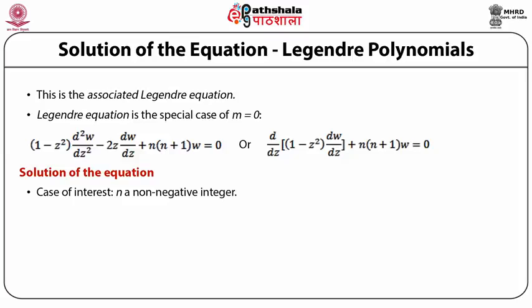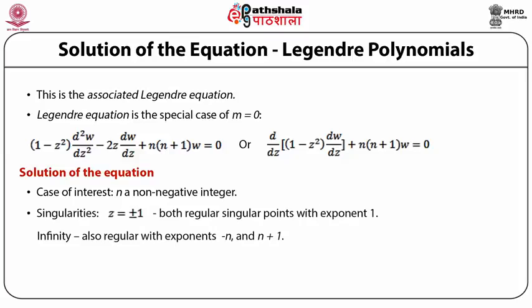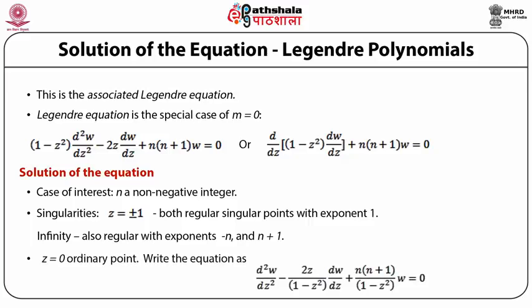We can easily verify that the singularity at z equal to plus minus 1 is regular with the exponent taking value 1, and the one at infinity is also regular with the exponent taking values minus n and n plus 1. The origin is an ordinary point of the equation and is given by z equal to 0.